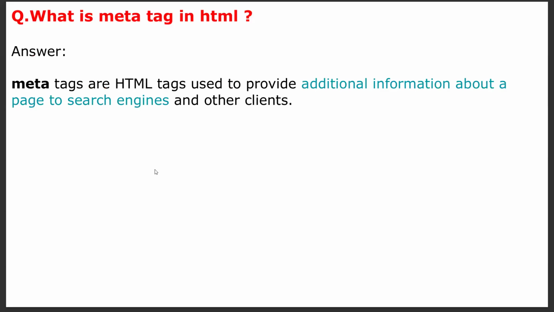Let's go to the slides. Meta tags are HTML tags used to provide additional information about the page, to search engines and other clients also. But mainly the meta tag delivers some additional content to the search engine. Always remember, meta is nothing but some extra information.